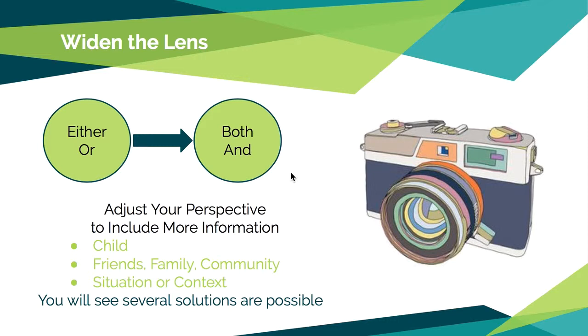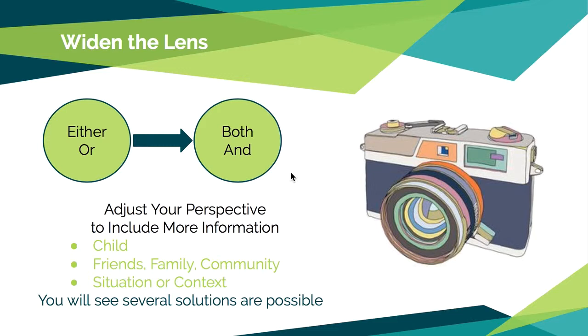So some things to consider when you are looking at learning or planning or developing or communicating or assessing, any of those terms, we want to adjust our perspective to include the child. What are their needs on this particular day? What information can we get from their friends or their family or their community that would help us solve a problem?